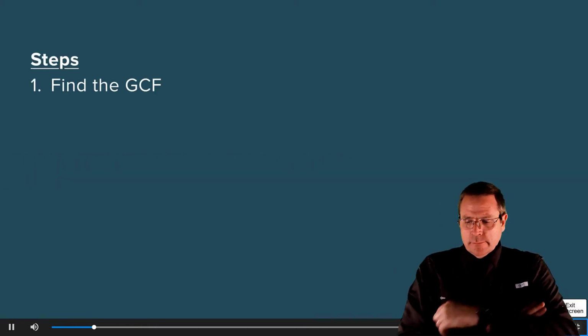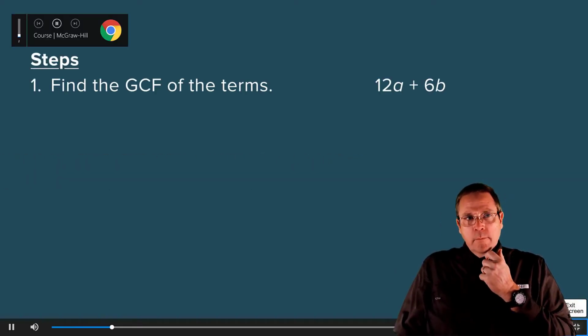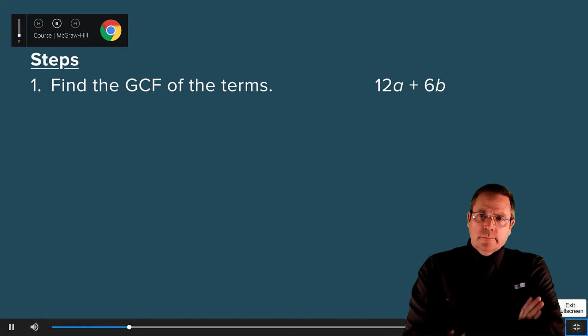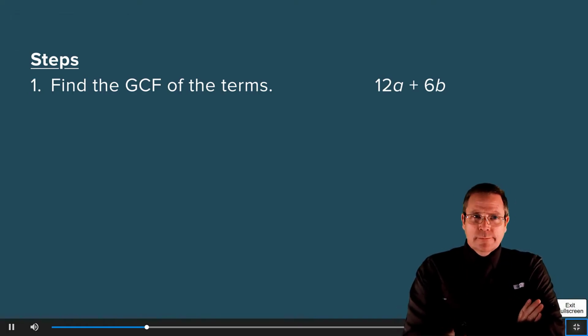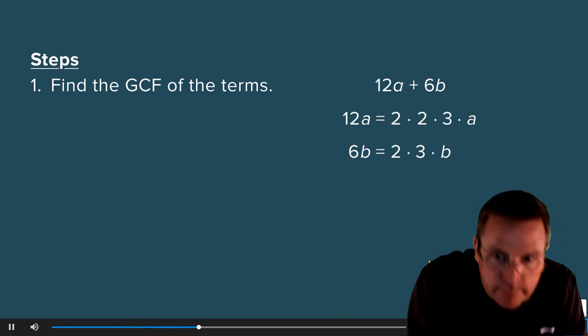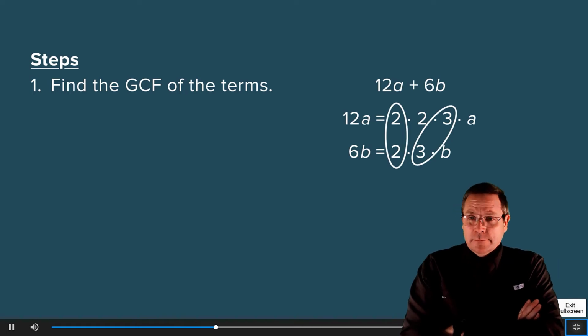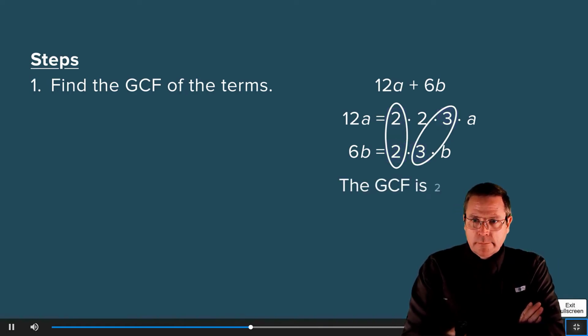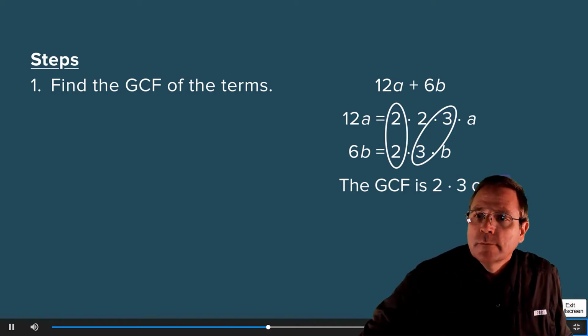To factor a linear expression, start by finding the greatest common factor, or GCF, of its terms. Write the prime factorization of each term. Upside down division. Then circle the common factors. Multiply the common factors to find the GCF.